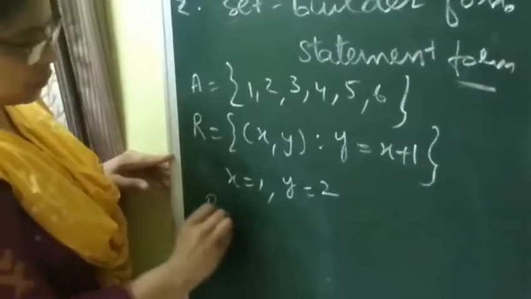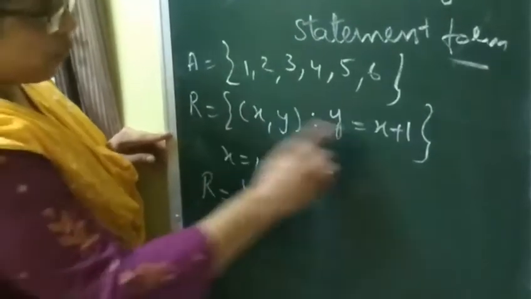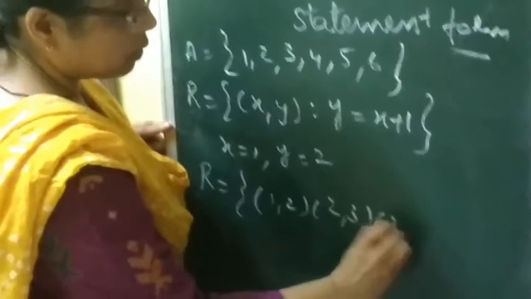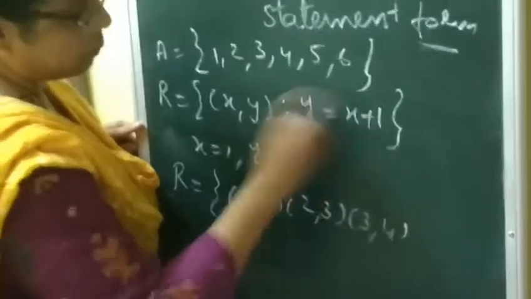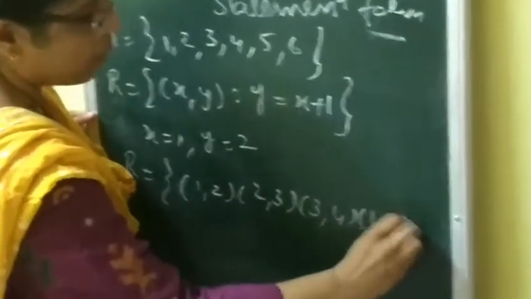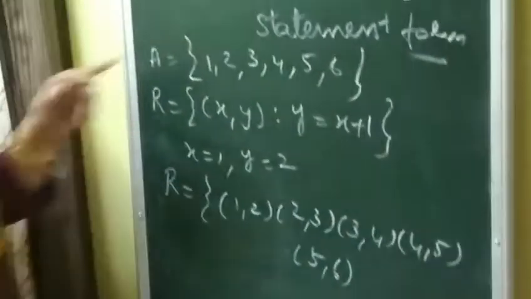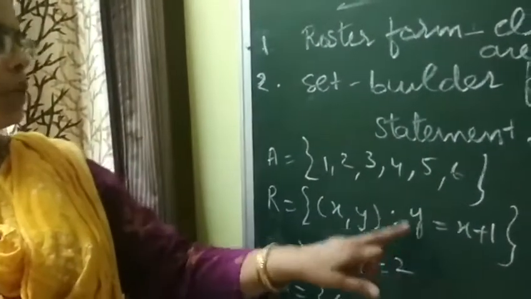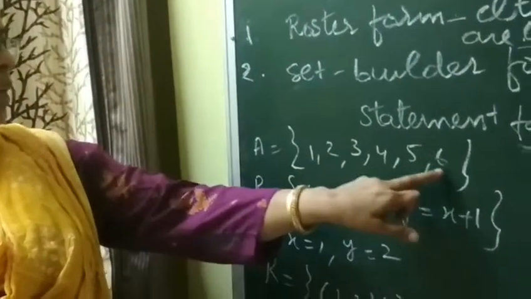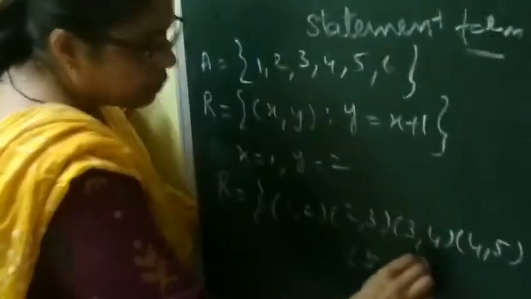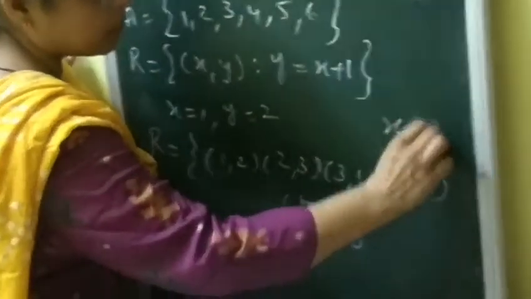Now the elements of the relation are (1, 2), (2, 3), (3, 4), (4, 5), (5, 6). Can you put x equal to 6 here? If you put x equal to 6, you will get y equal to 7. But 7 is not given in set A. That is why you can't take x equal to 6.